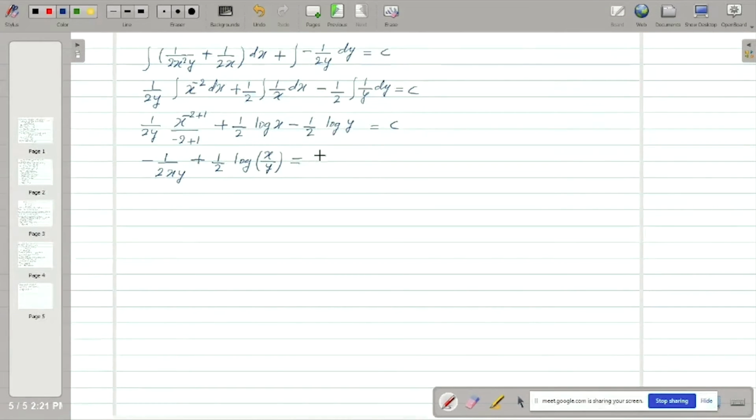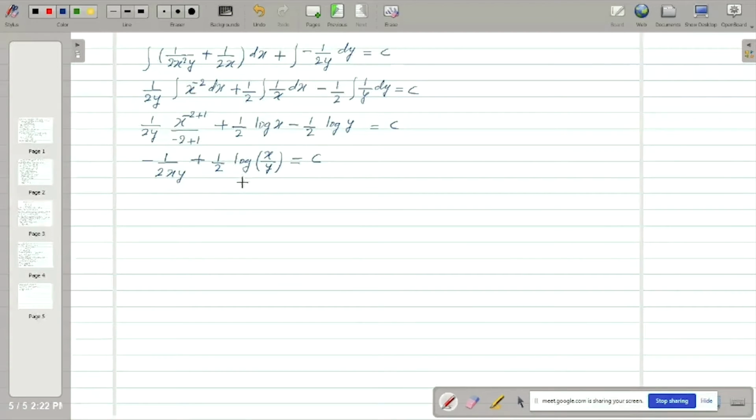And this equal to c. Okay. Again, simplify this, or you leave. You can simplify. Otherwise, you can leave this much. Okay. So which is the required solution? No need to simplify more. Which is the required general solution. Okay, or simplify this.